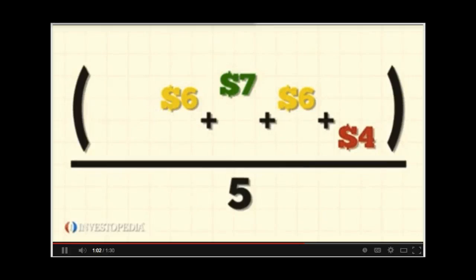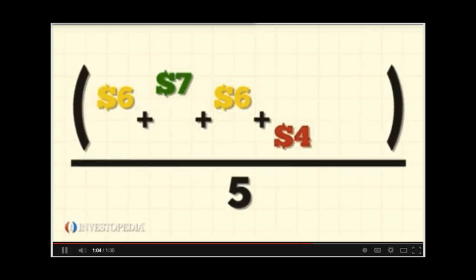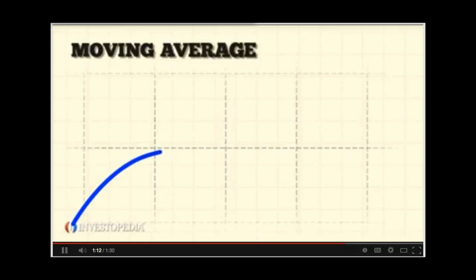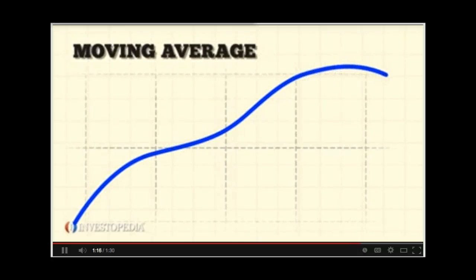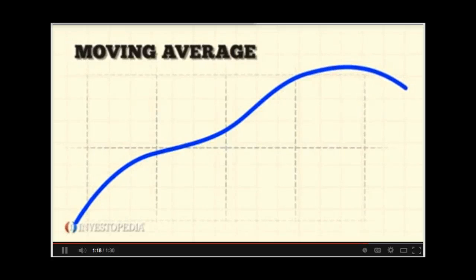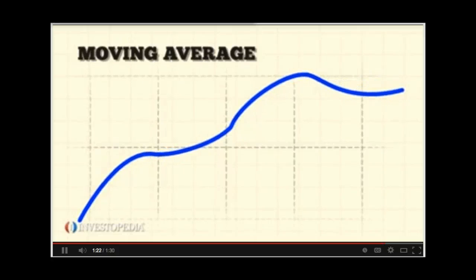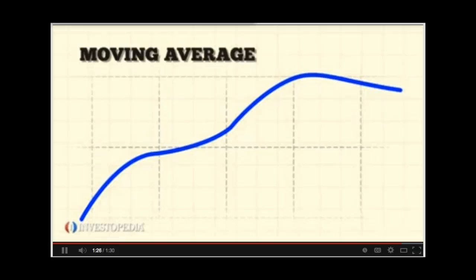Each time a new period occurs, the moving average moves forward, dropping the first data point and adding the newest one. As a technical indicator, a moving average appears as a smooth, curving line that provides a visual representation of a stock's longer-term trend. Faster moving averages with shorter look-back periods are choppier. Slower moving averages with longer look-back periods are smoother.